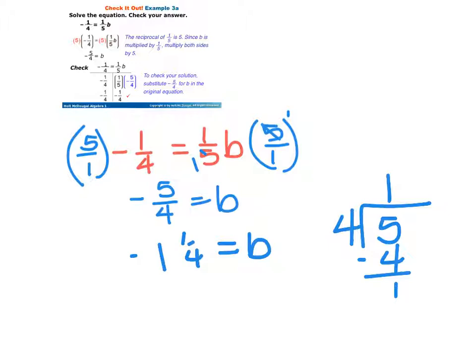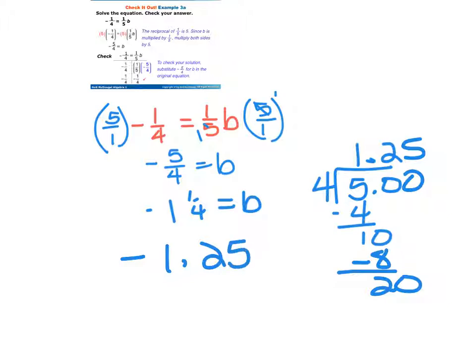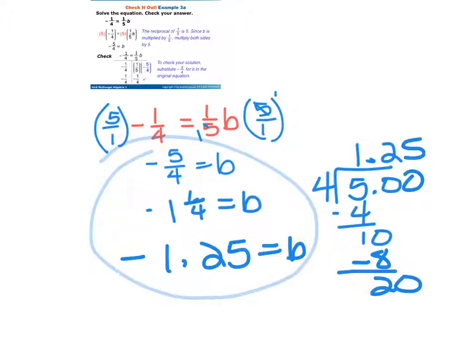Or if I were to add a 0.0, it would be 2, negative minus 8, add another 0, and I get negative 1.25. So again, any of these 3 answers are acceptable.